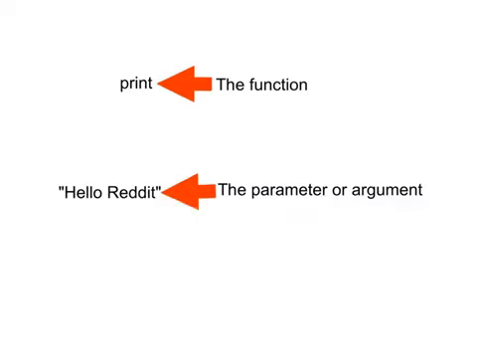Now let me give you another example. Let's suppose there's a function called drawCircle, which is designed to draw a circle somewhere on your screen. Well, if you just call the drawCircle function and you don't give it any extra information, how does it know where to draw the circle, what color to make the circle, the thickness of the circle? There are a lot of different parameters that you need to give to a function in order to be able to use it.